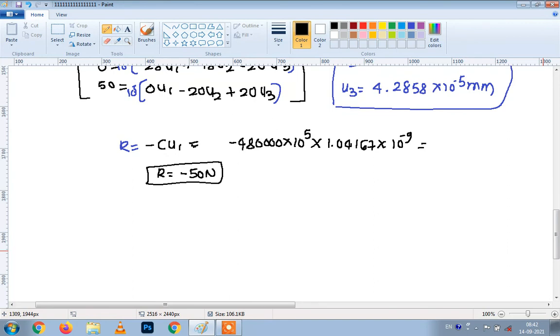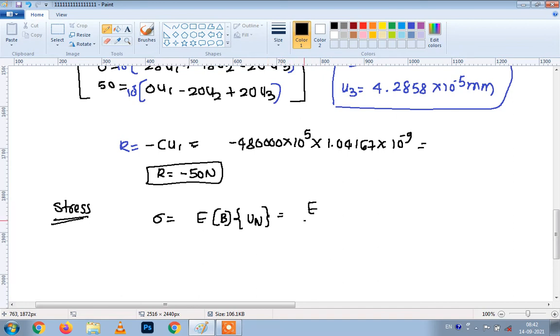The last thing that we need to find out now is the stresses in each element, and for this we know the formula. So I will first write down the formula to find out stresses in each element. Sigma is equal to E into B into un.